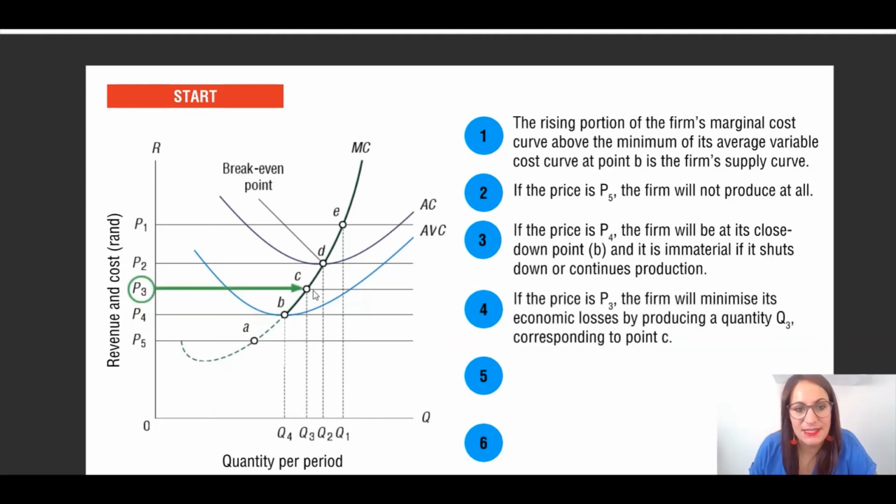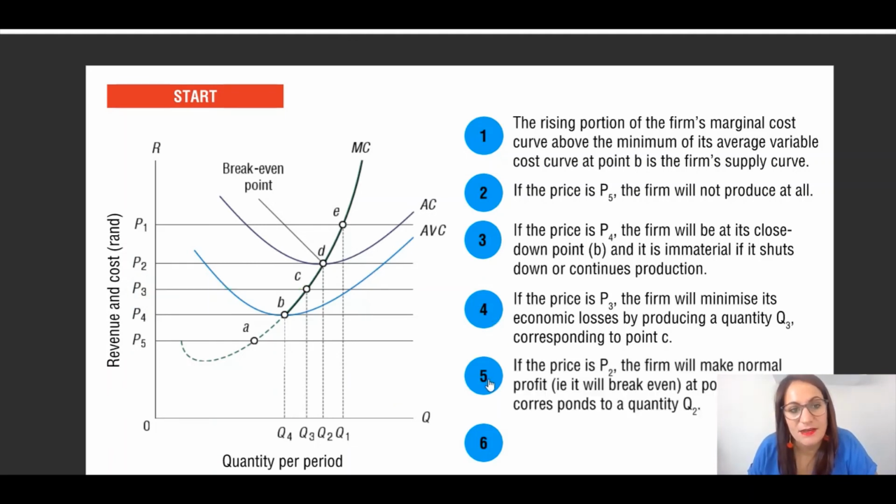Now, at point C, I want to put your attention to P3, and this is again where marginal revenue equals marginal cost. Now, look in reference to your average cost curve. Can you see that your average cost curve is above your marginal revenue average revenue line? In this case, we saw that if that is true, you have an economic loss.